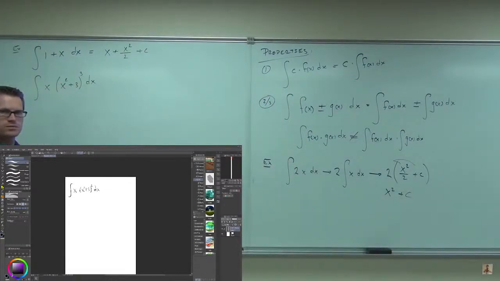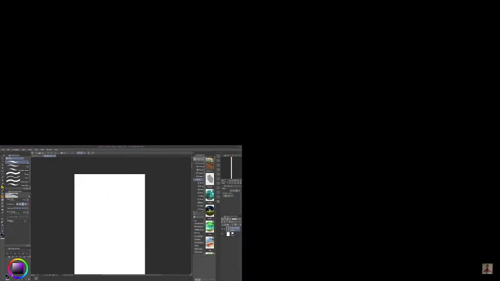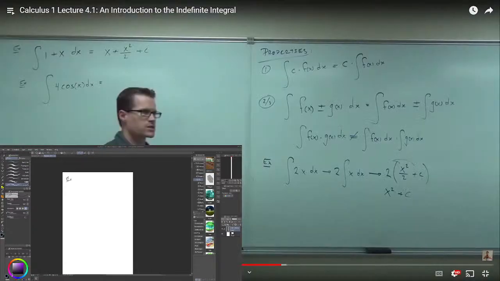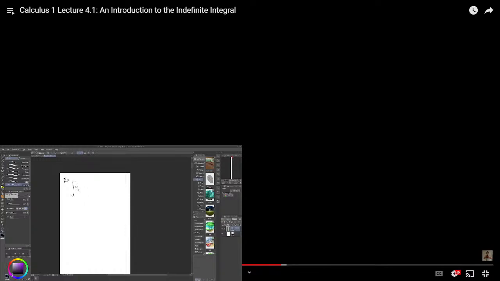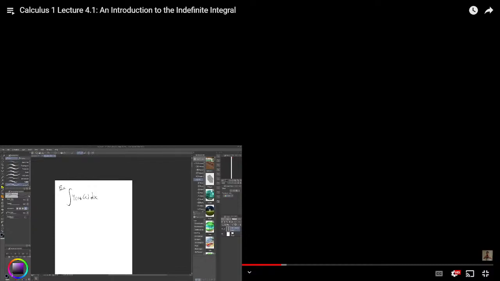Shall we try a couple more and then call it a day? So that one we can't do yet. Integral of 4 cosine. Oh, brother, what is this? Oh, pull out the constant.